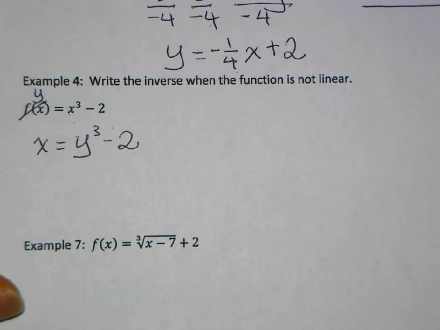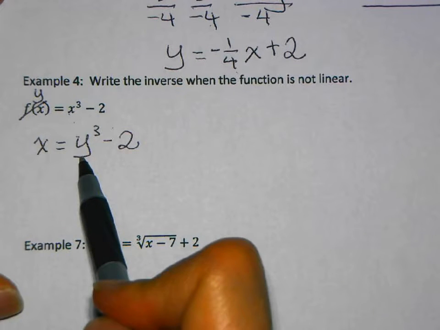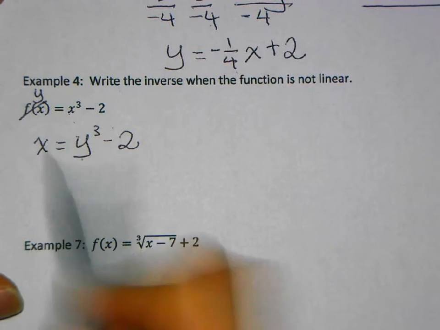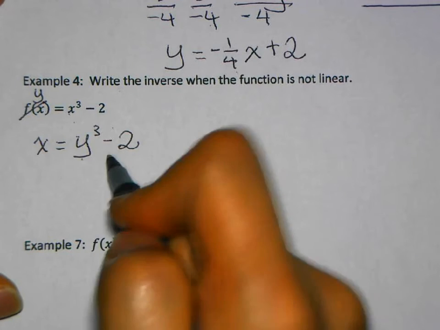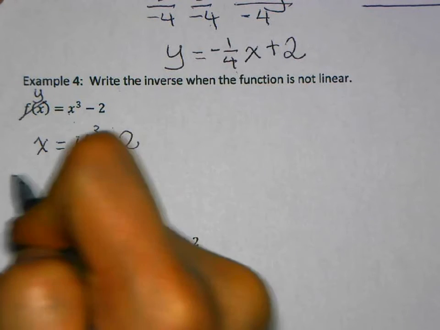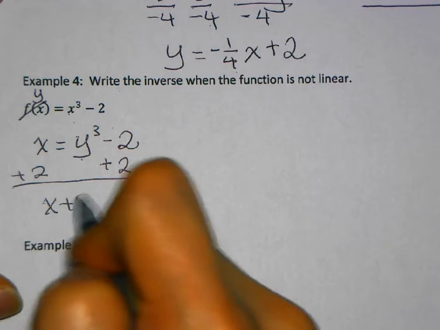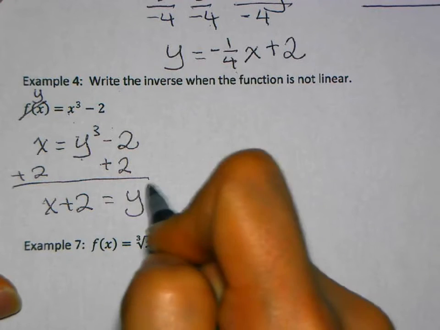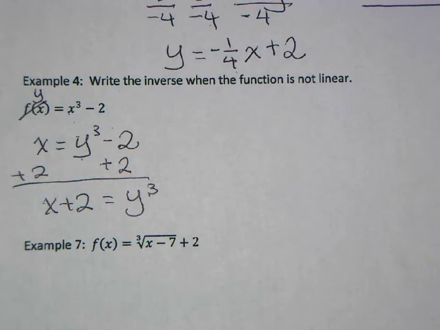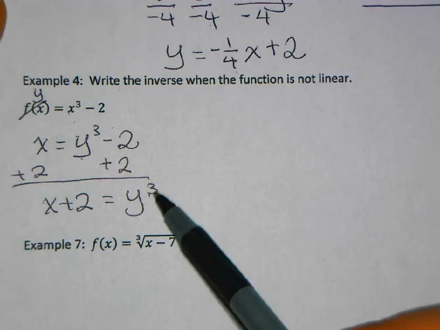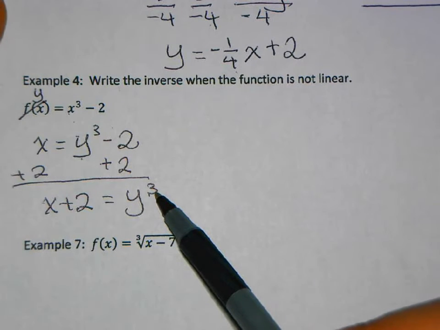So now I'm going to get y by itself by undoing everything around it. So Pam does backward. I'm going to add 2 on both sides. That leaves me with x plus 2 equals y to the 3rd power. Now this brings back the very first week of lesson. How do I get rid of that exponent?